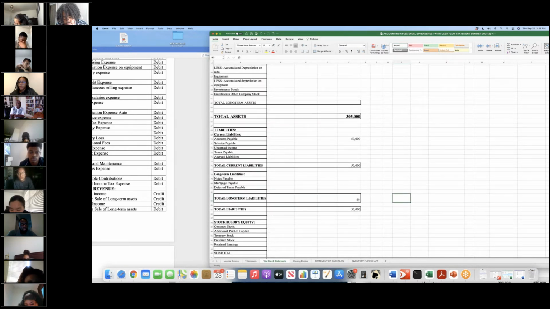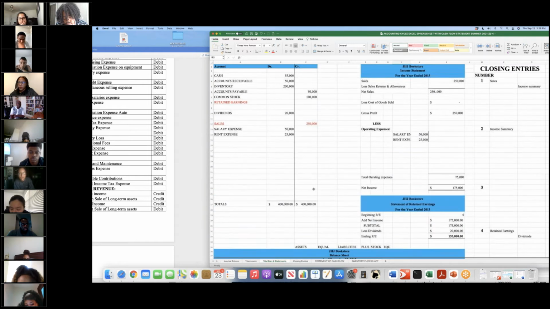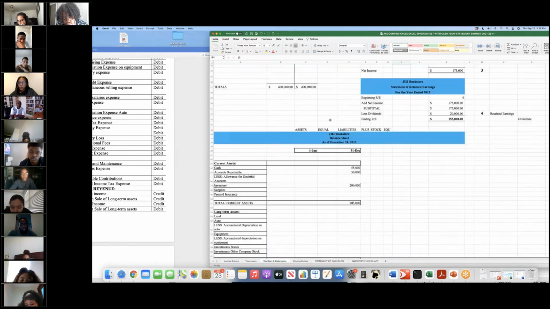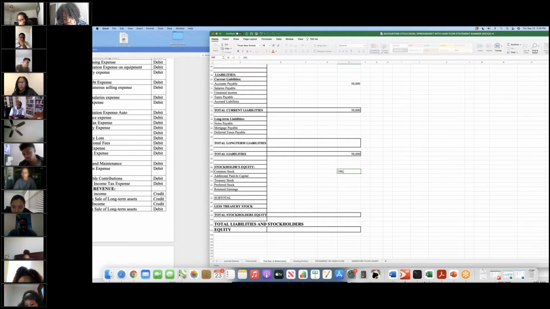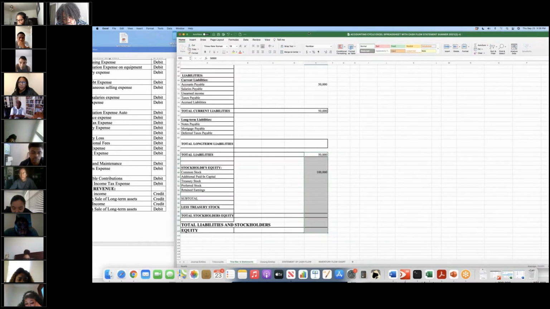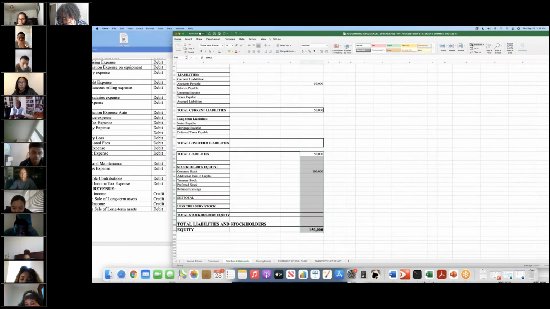Then we got to get stockholders' equity. And right now in stockholders' equity, we only have common stock of 100,000. So if I add the liabilities and the common stock, and I add them all together, I'm at 150.